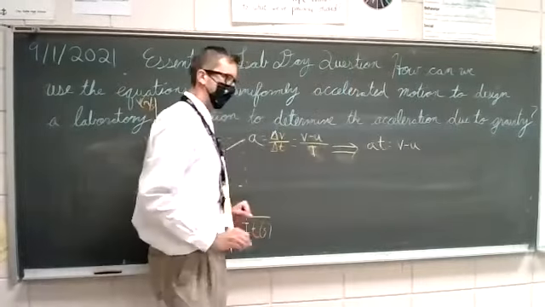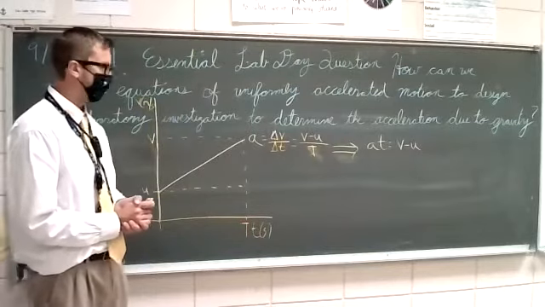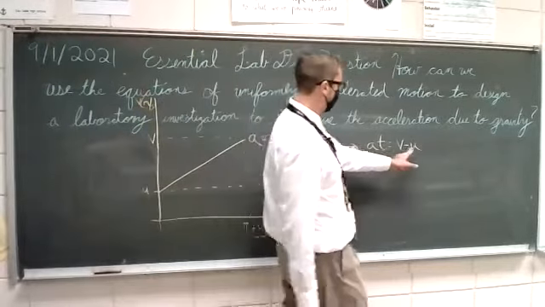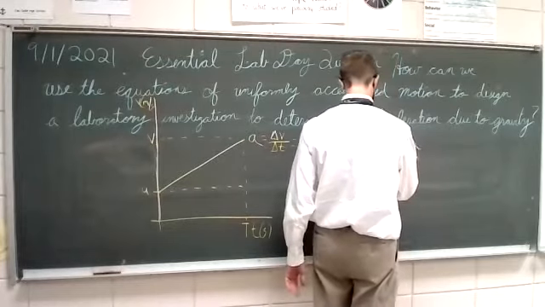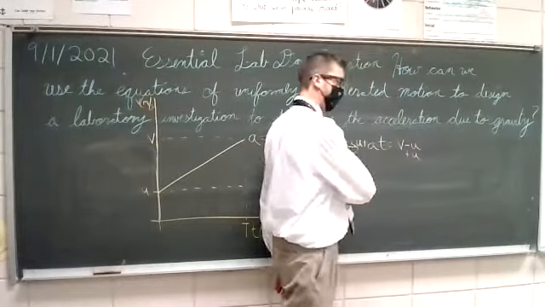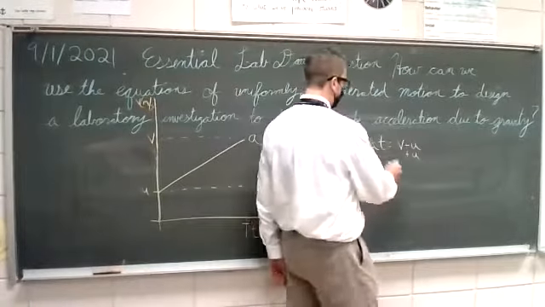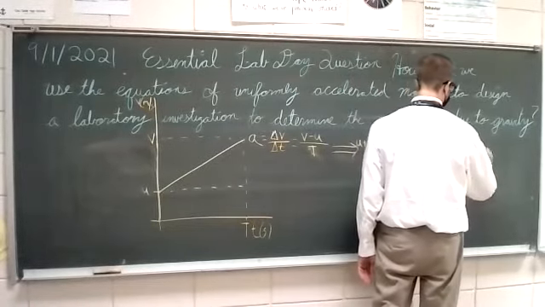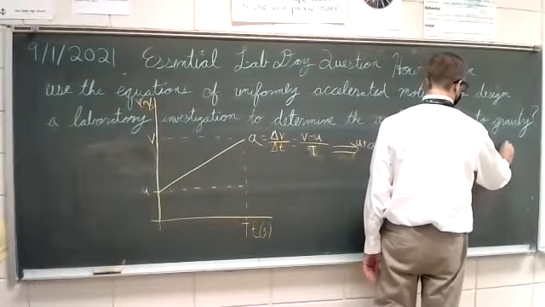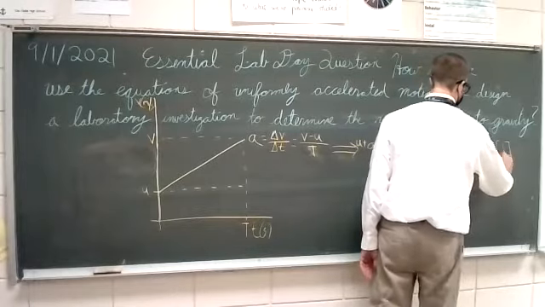Remember that. v minus u is at. To get rid of this negative u, add u to both sides. So we've got our equation v equals u plus at. We'll call that equation 1.